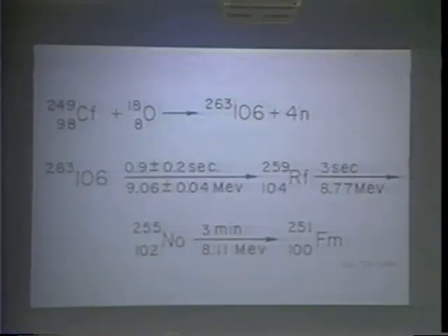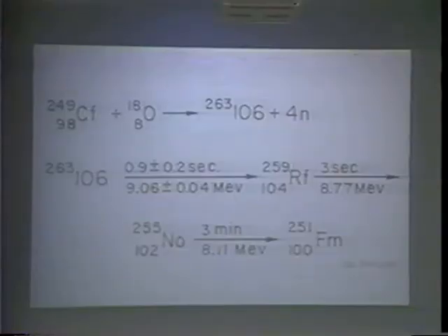Well, using this accelerator, we produced a number of elements. I'm mentioning this one in particular, element 106, oxygen on californium, 8 plus 98 makes 106. We had a lot of our friends check to be sure that was correct, and identified it through its decay by alpha emission to previously known daughter and granddaughter.